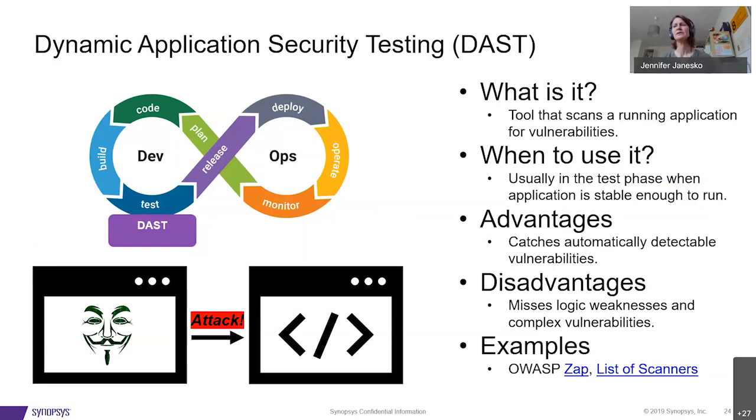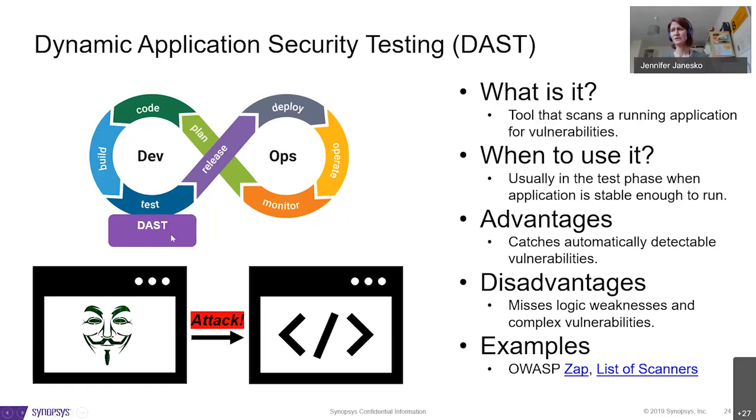So the first tool is dynamic application security testing. I've put this one first because it's furthest right in the development pipeline before production. Dynamic application security testing is also known as DAST. Essentially, in order to be able to use this tool, your application needs to be running on a server somewhere.